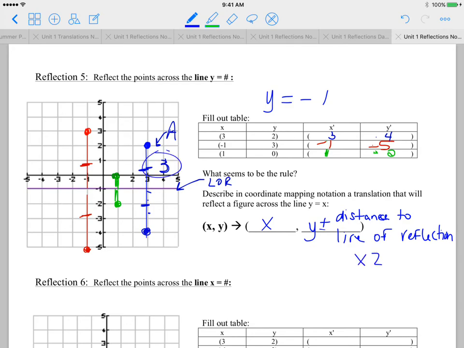So if the distance to the line of reflection was 3, multiply it by 2. I'm going down, so it's negative. So 3 times 2 is 6. 2 minus 6 is -4. It's magic. It'll work. It's not quite neat and bow-tied and all cleaned up and pretty, but it works.